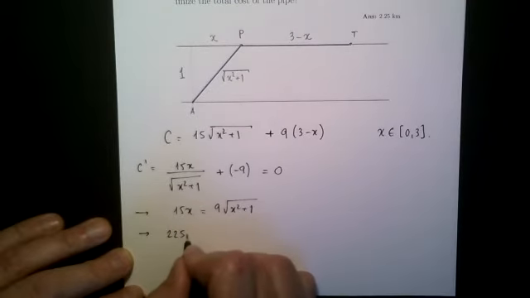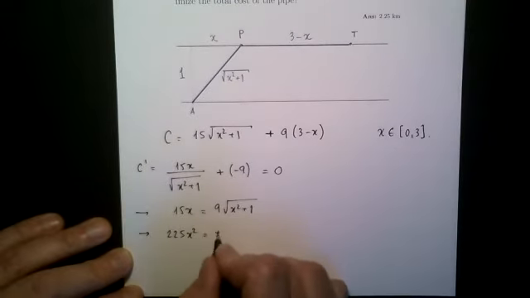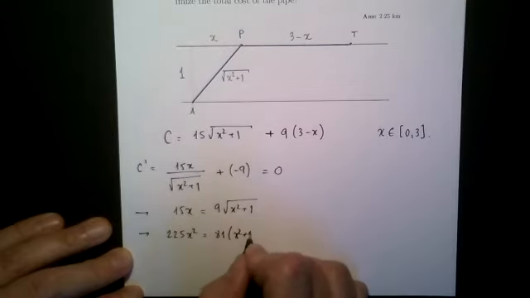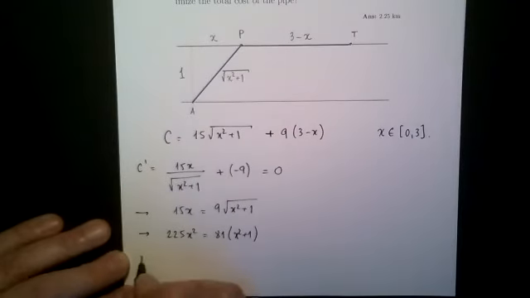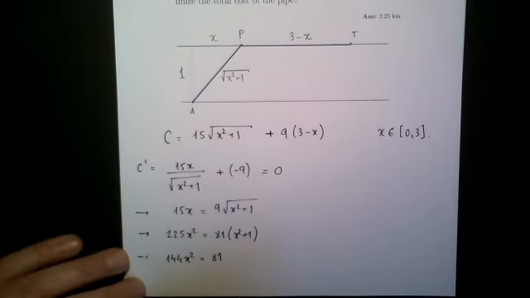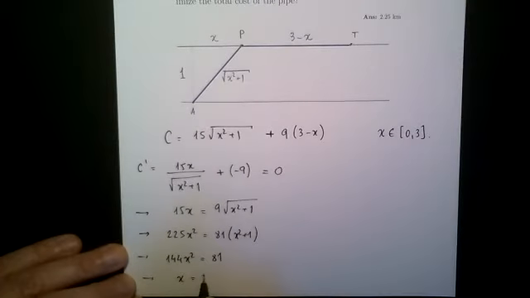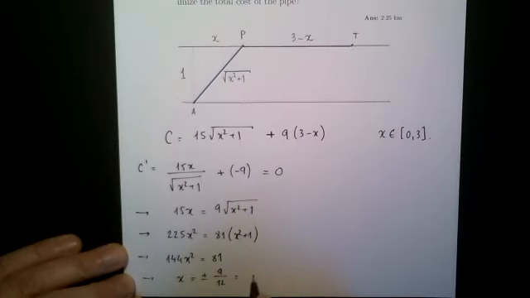So 225 times x squared is 81 times x squared plus 1. And so this is 144 x squared equal to 81. And therefore, x is equal to plus or minus 9 over 12, which is plus or minus 3 over 4.